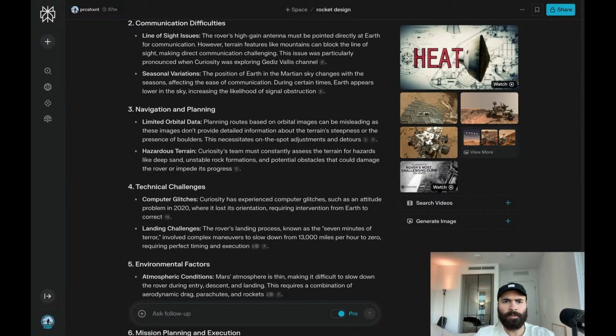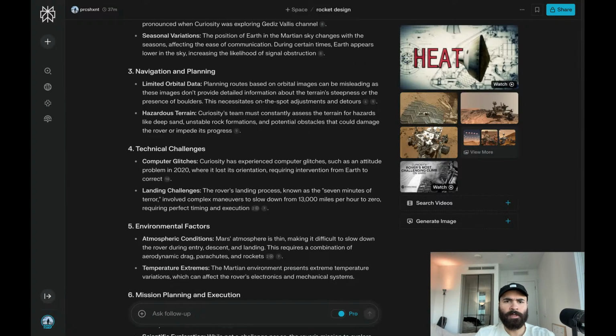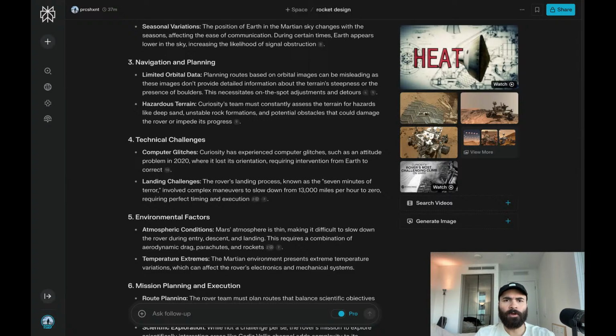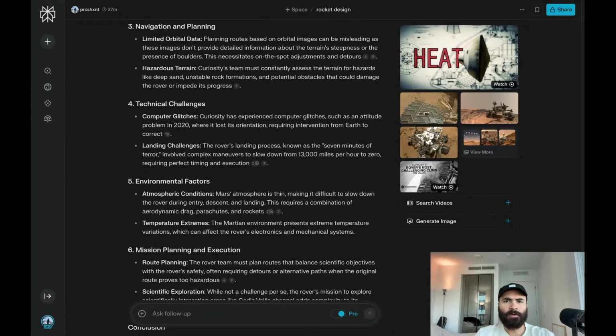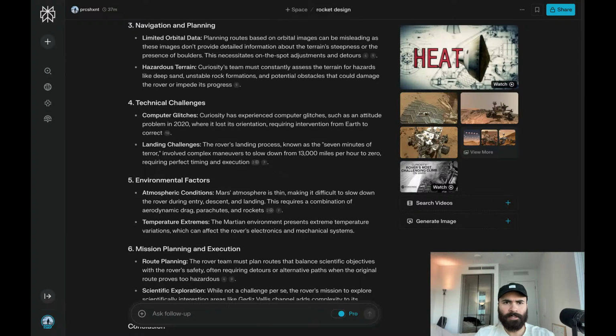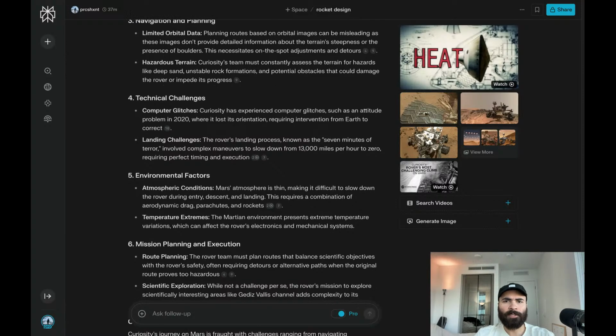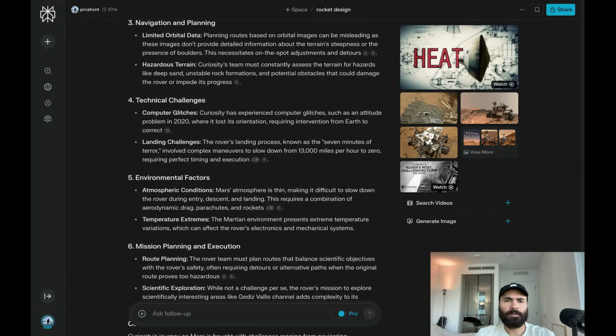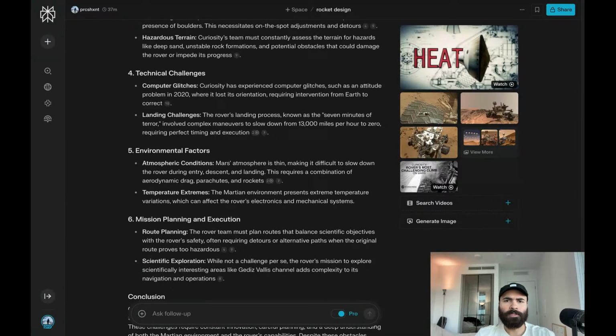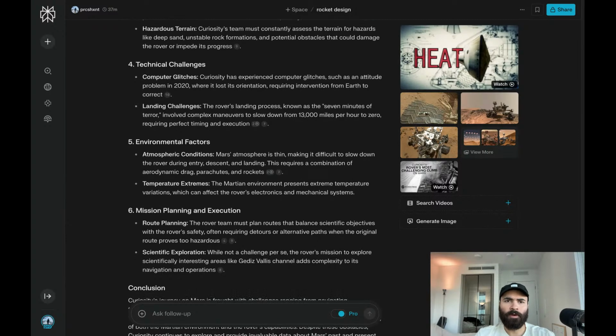During certain times, Earth appears lower in the sky, increasing the likelihood of signal obstruction. Planning routes based on orbital images can be misleading, as these images don't provide detailed information on the terrain's steepness or the presence of boulders. This necessitates on-the-spot adjustments and detours. Constantly assess the terrain for hazards like deep sand, unstable rock formations, and potential obstacles that could damage the rover or impede its progress.